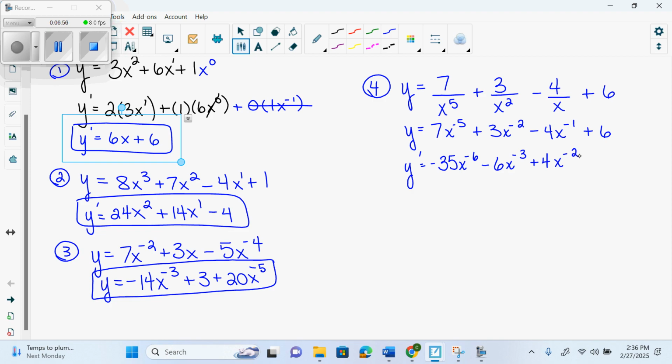What happens with the 6? Bye-bye, right? Constant, so go bye-bye. And this could be the answer, or they might write the answer as negative 35 over x to the 6 minus 6 over x to the 3 plus 4 over x to the 2.